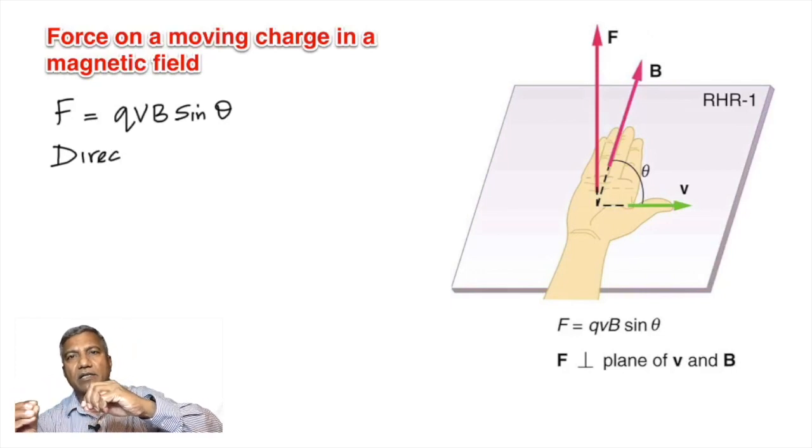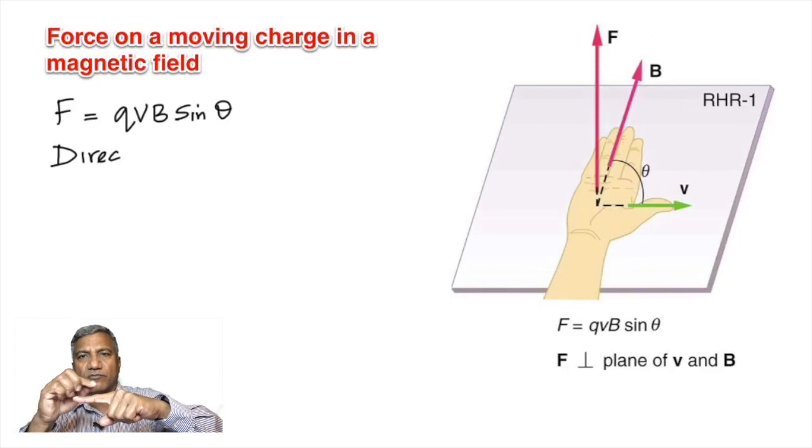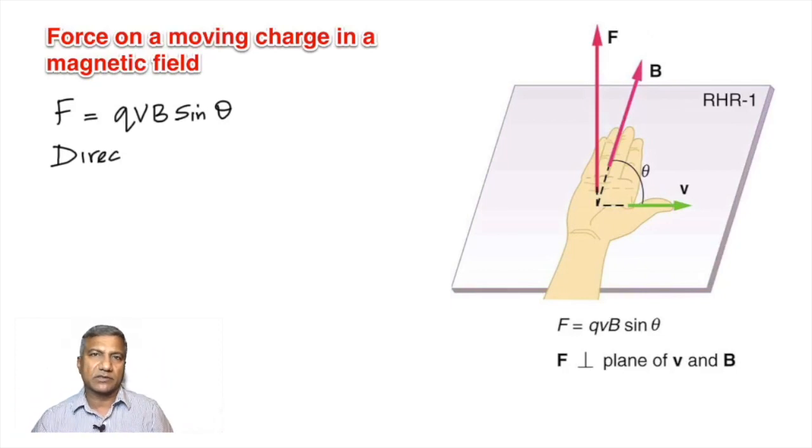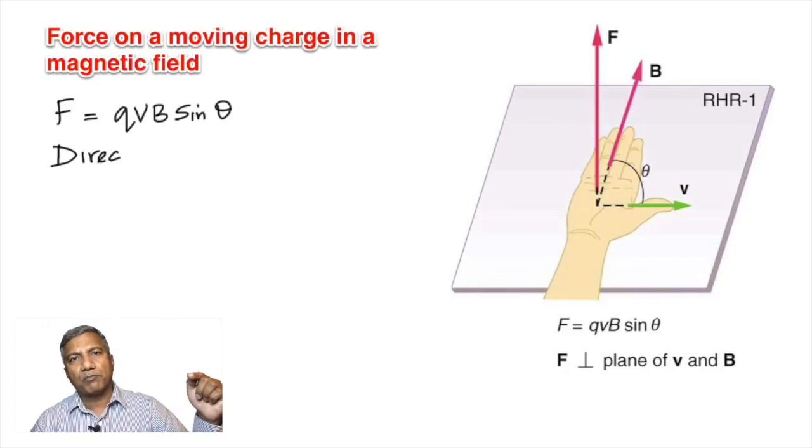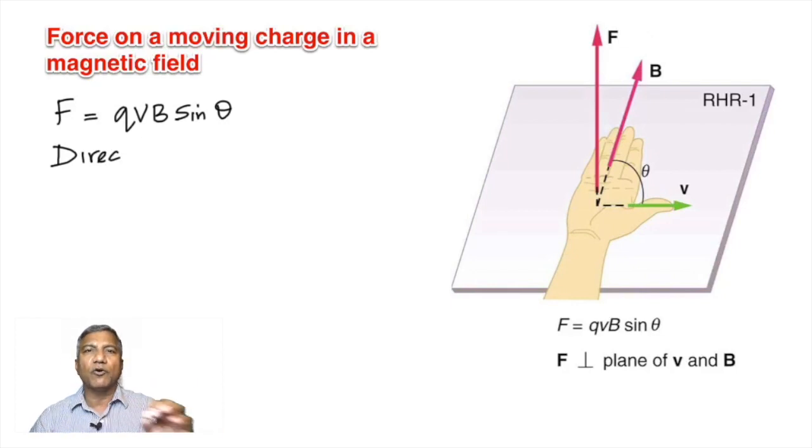Now, what is the angle between the velocity and the magnetic field? Of course, it's 0 degrees. Sine 0 is 0, which now means that no force acts on the particle. So remember, if a charged particle moves parallel to a magnetic field, no force acts on it. And if a charged particle moves perpendicular to a magnetic field, maximum force acts on it.